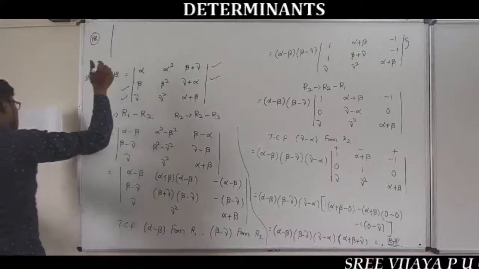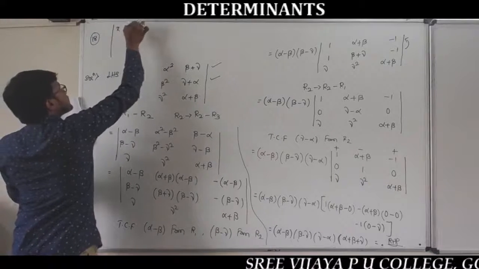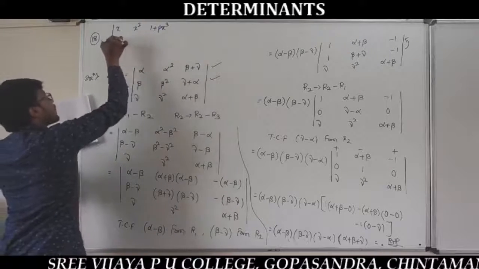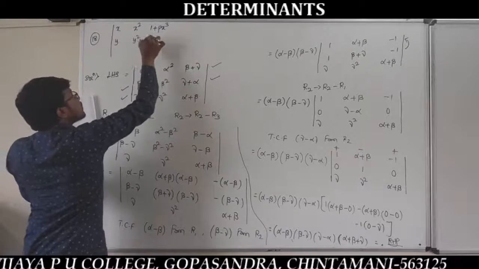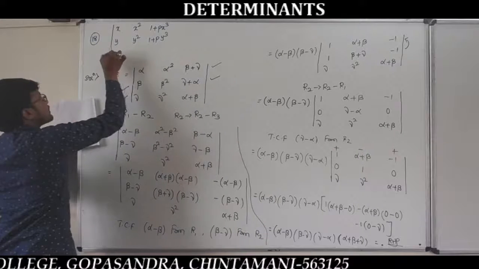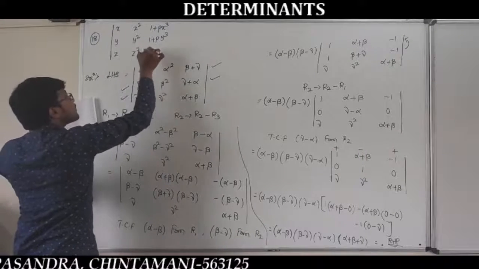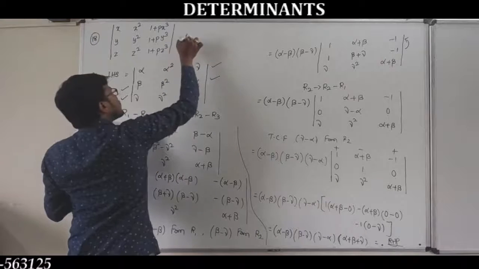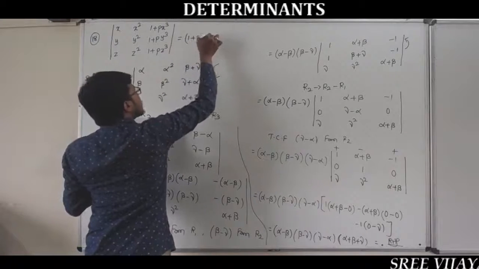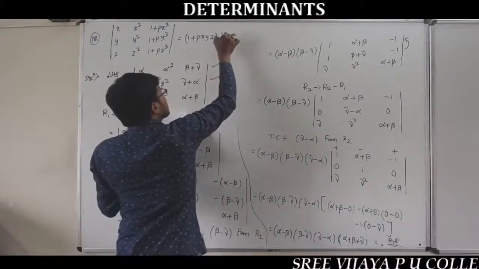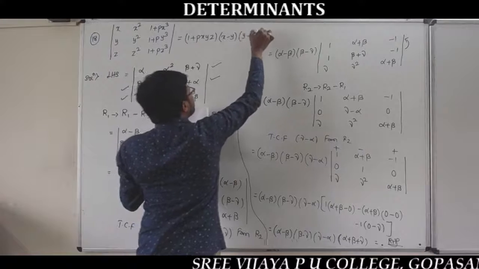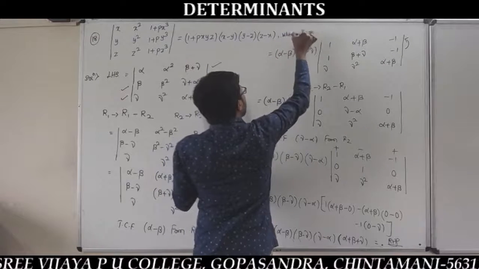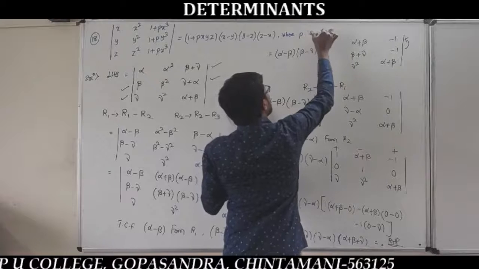So determinant of x, x square, 1 plus p times x cube; y, y square, 1 plus p times y cube; z, z square, 1 plus p times z cube will be equal to 1 plus pxyz into x minus y into y minus z into z minus x, where p is any scalar.